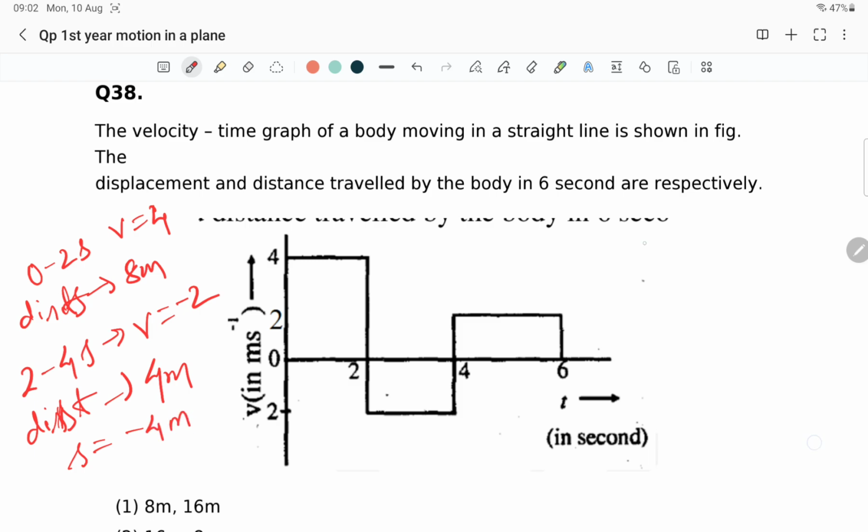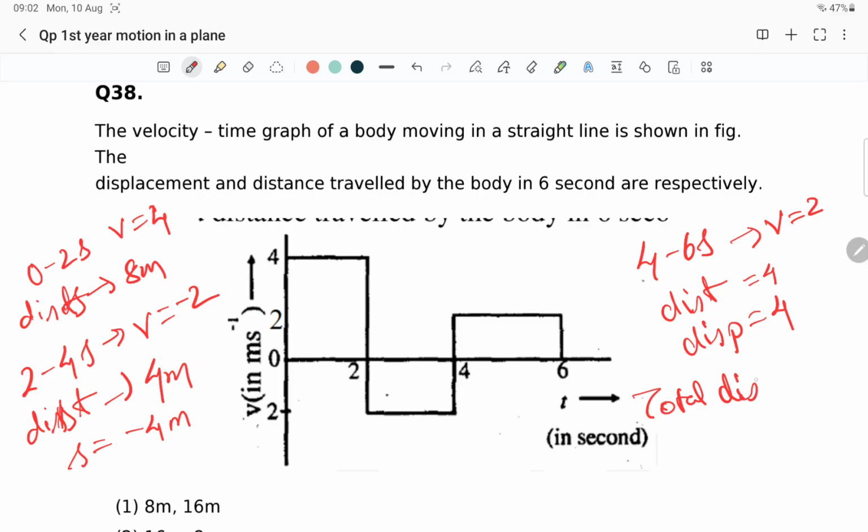4 to 6 seconds, what is happening? 4 to 6 seconds velocity is 2. So what happens to distance? Distance is again 4. Displacement is also 4. So total displacement is 8 minus 4 plus 4.